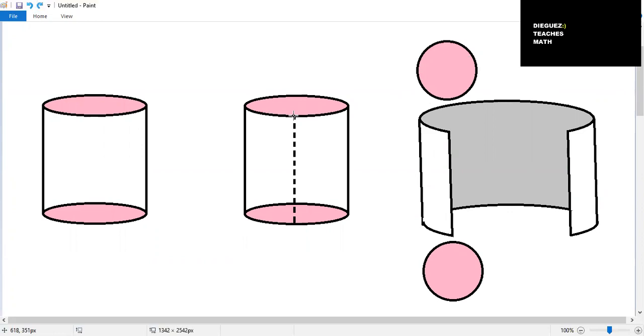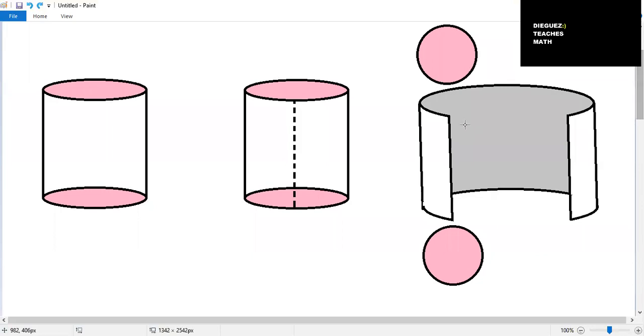Well, we have this circle here at the top, right? And the piece of paper that I have here originally was going around the circle from end to end, right? So if it goes all around the circle, then when I unfold it, this piece here is going to be the same as the circumference.